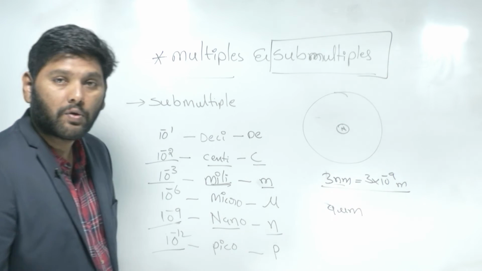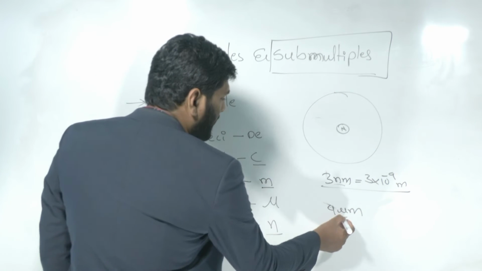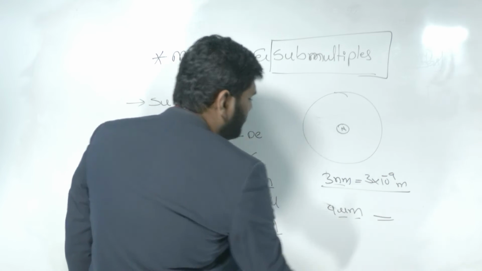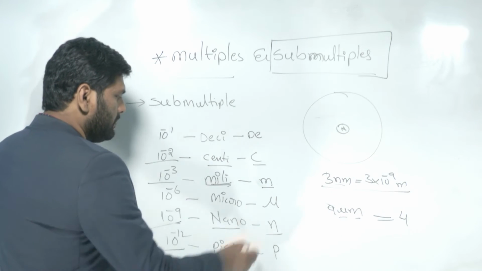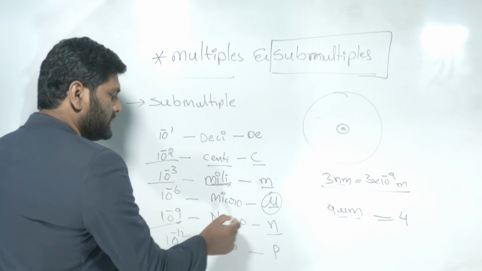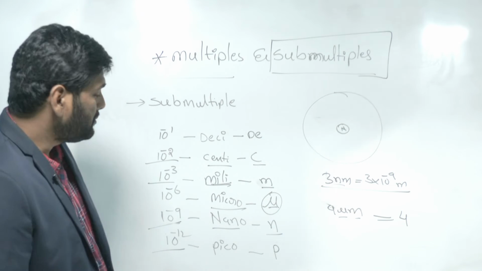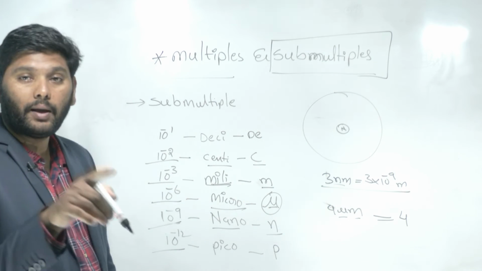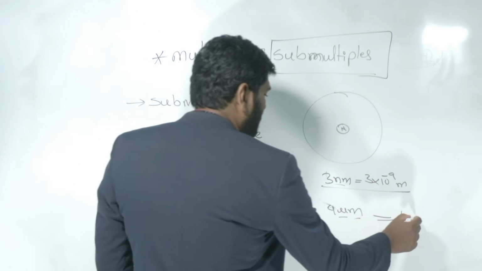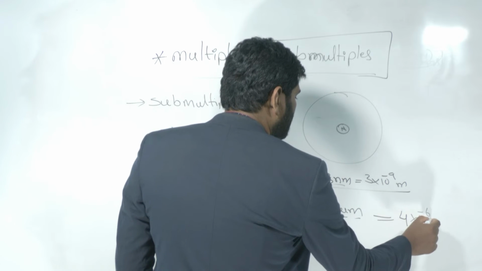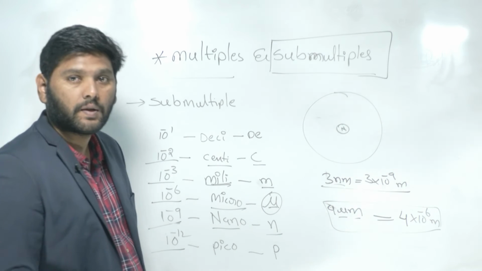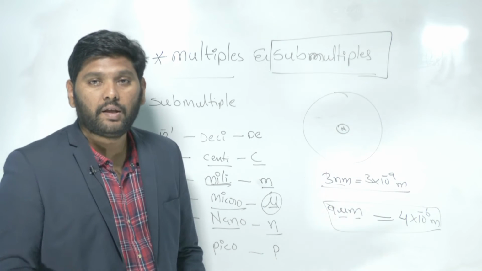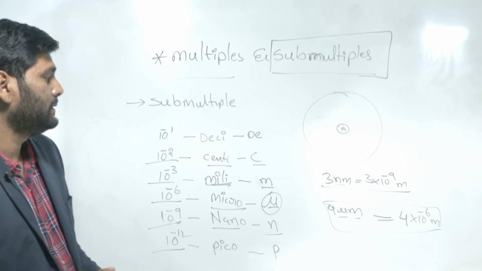What is this 4 micrometer? Here 4 is 4 only, but mu represents micro, which is 10 power minus 6, so we write 10 power minus 6 meter. That is the way we express the length.